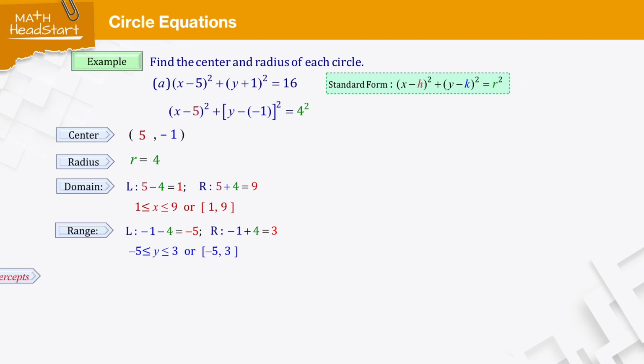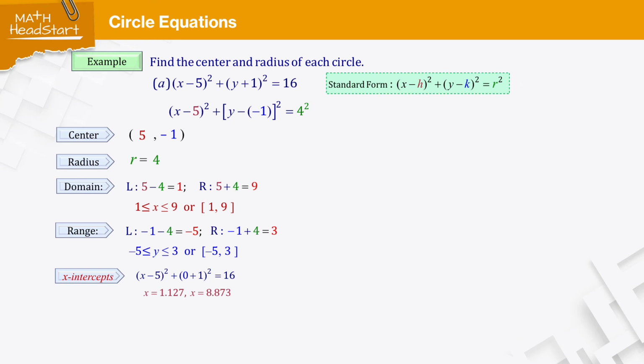As for the x-intercept, substitute 0 into y and solve for x. If you solve this quadratic equation, we can get approximately 1.127 and 8.873 as the two roots.